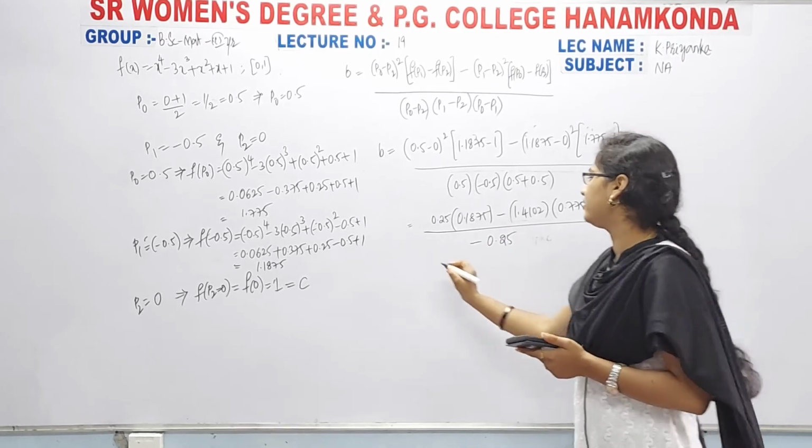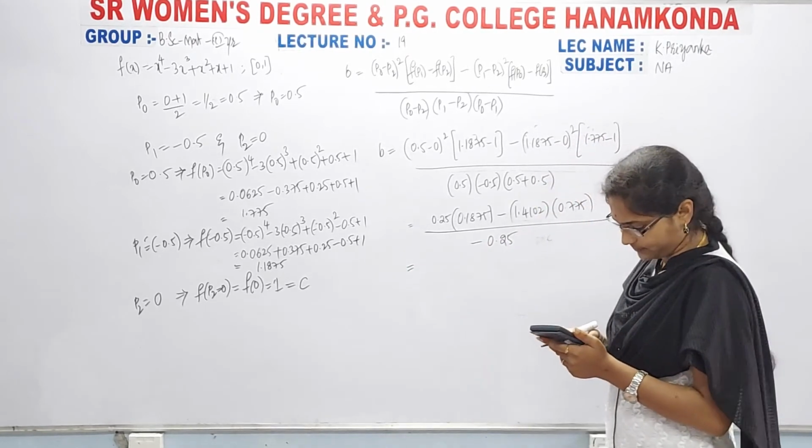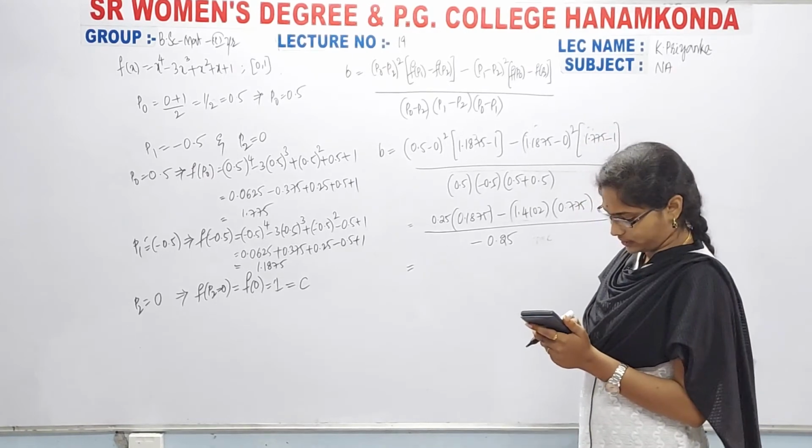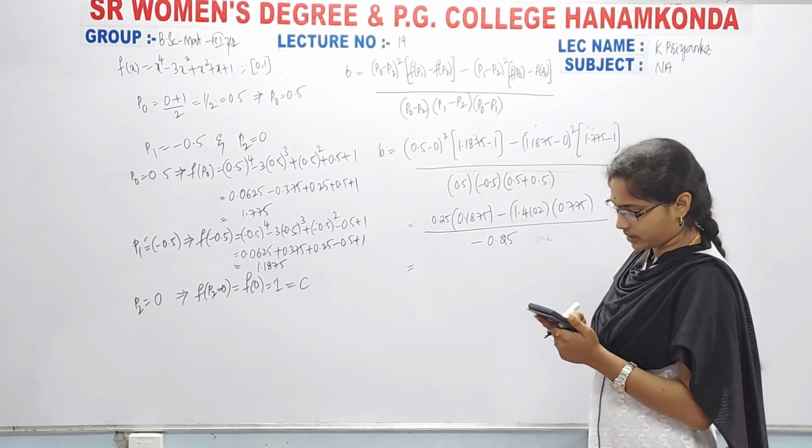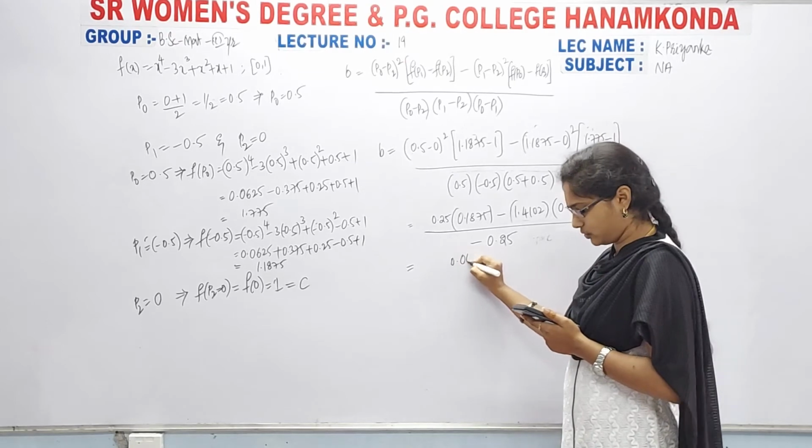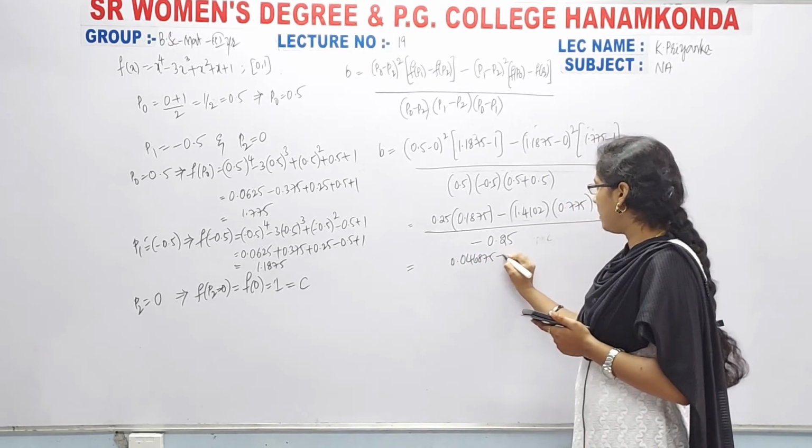Directly we have to take 0.25 into 0.1875, so it is 0.046875 minus 0.775 into 1.4102.